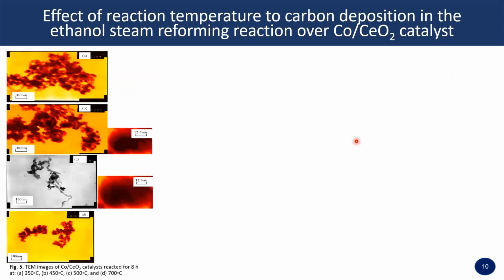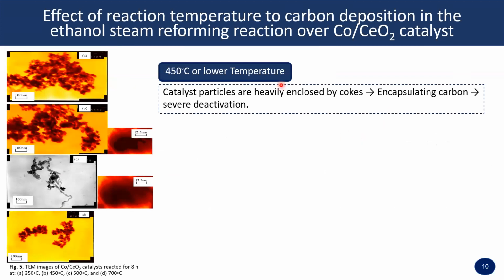From the TEM image in figure 5, at 450 degrees Celsius or lower temperature, catalyst particles are heavily enclosed by coke, and that is encapsulating carbon. Encapsulating carbon results in severe deactivation.